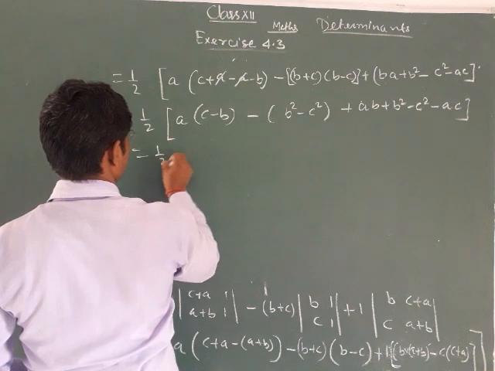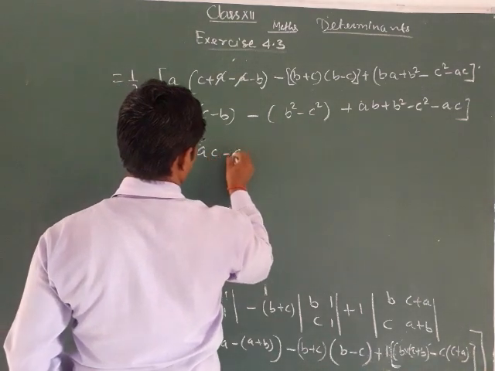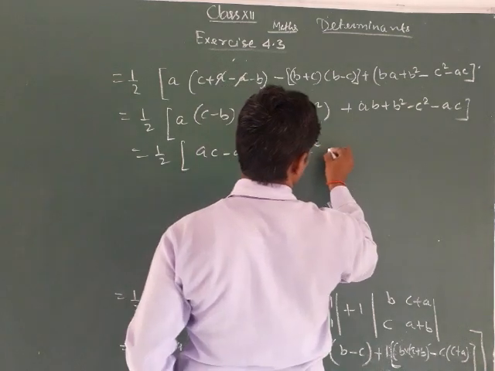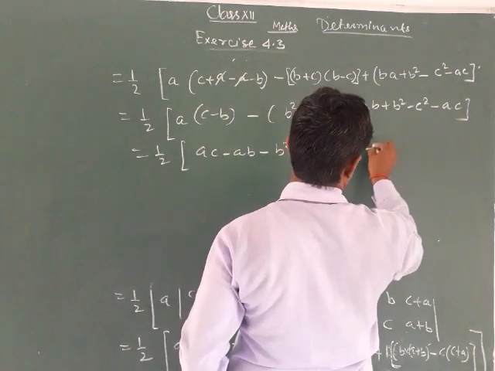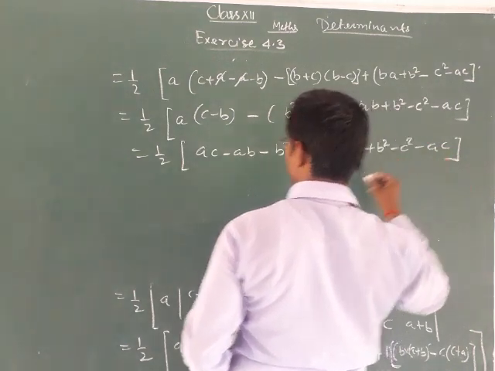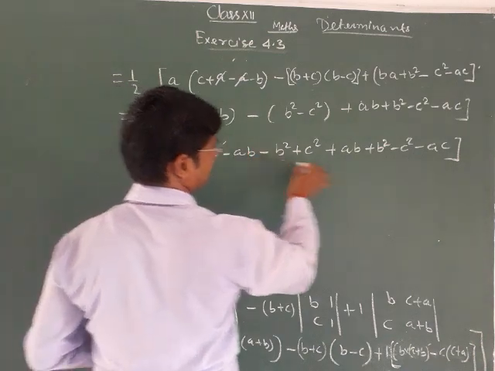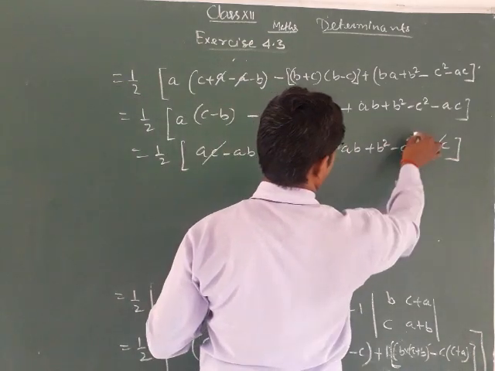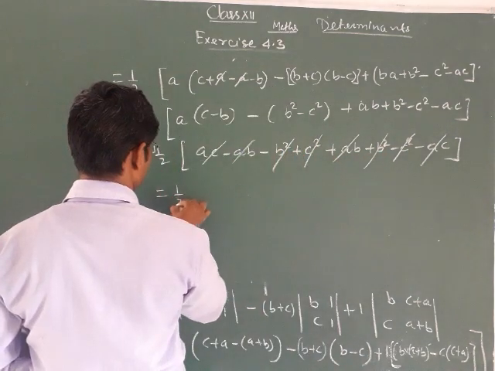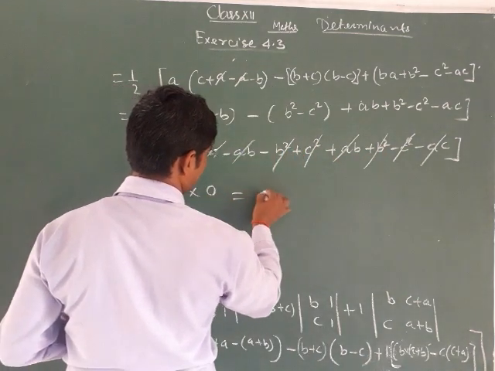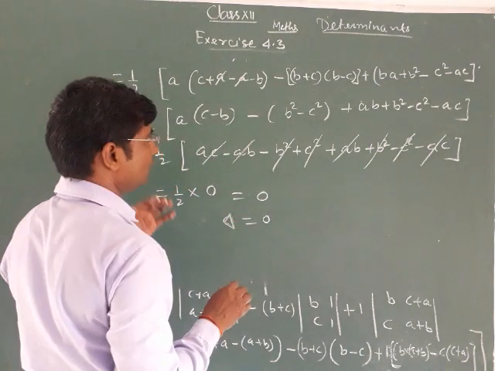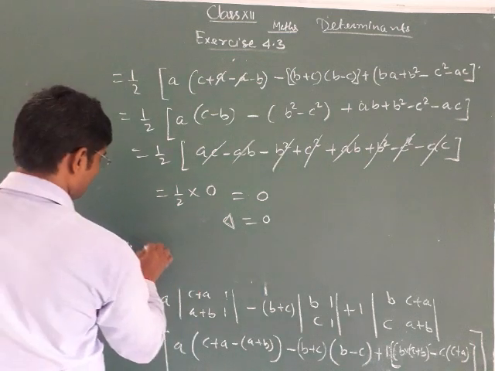So 1 by 2 times (AC minus AB minus B square plus C square plus AB plus B square minus C square minus AC). AC cancels out, C square cancels out, AB cancels out, so 1 by 2 times 0 equals 0. Delta is equal to 0, the area of the triangle is equal to 0.